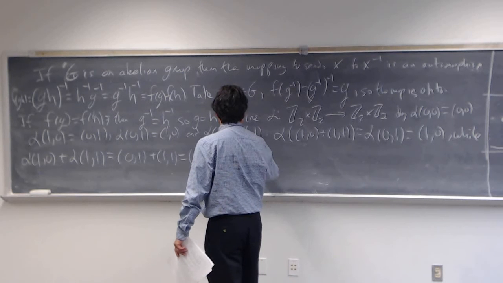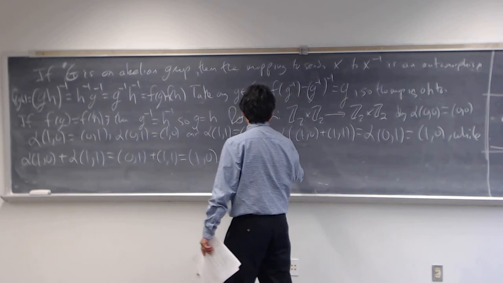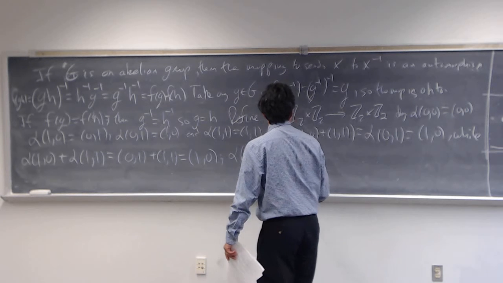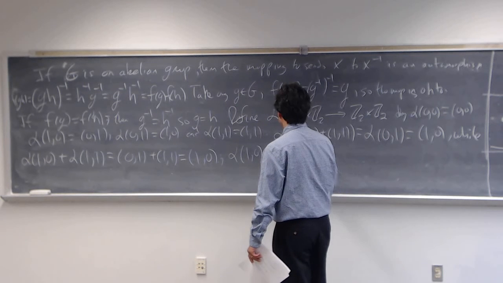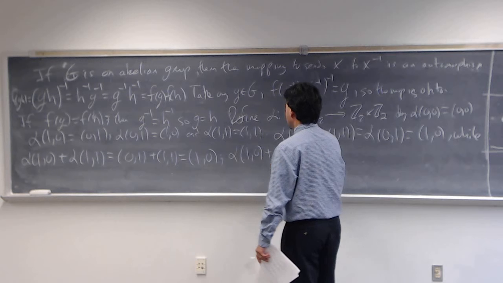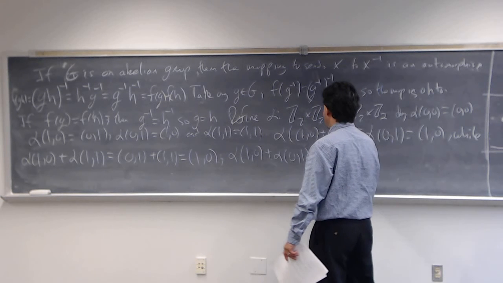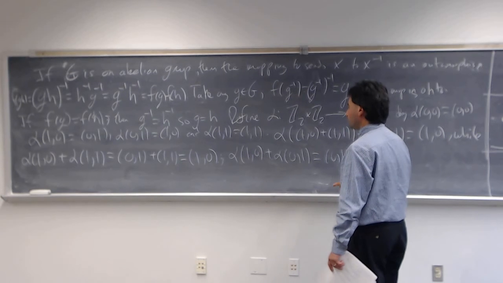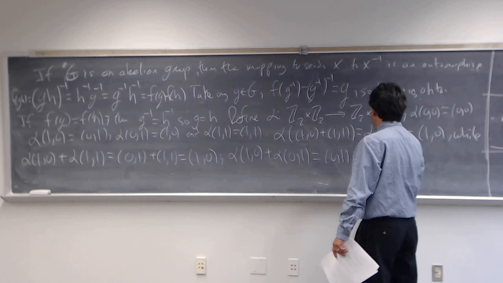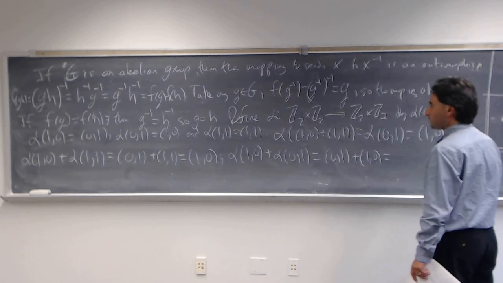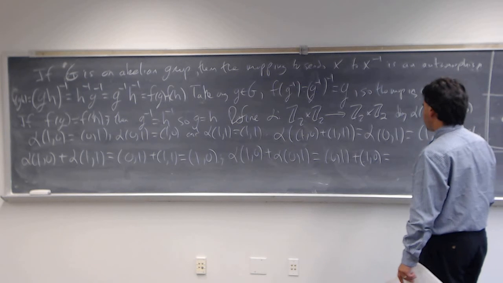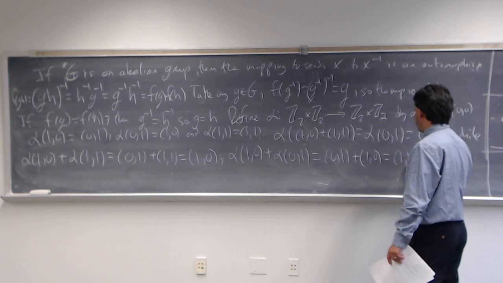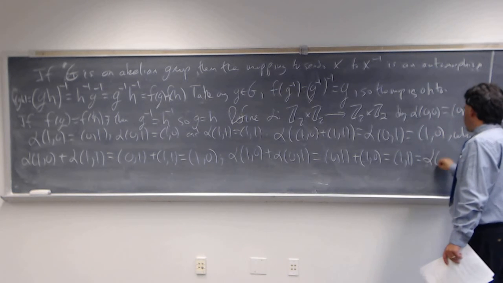Let's try two different ones. Suppose we looked at (1,0) plus alpha of (0,1). So (1,0) would be (0,1) plus (1,0), which would be (1,1). But it's still going to agree on the sum.